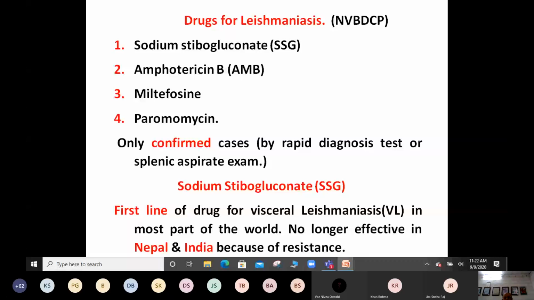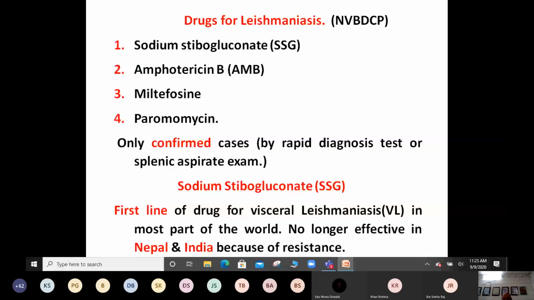By rapid diagnostic test or by splenic aspirate examination. So diagnosis also you have learned in your microbiology classes. So only after confirmation you have to use the drug as per the National Vector-Borne Disease Control Program directions.